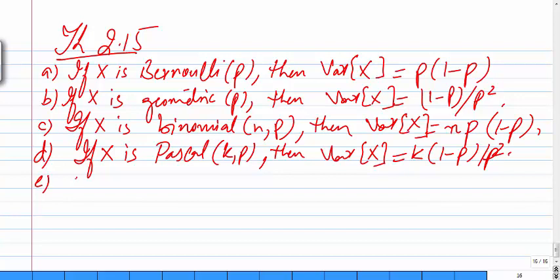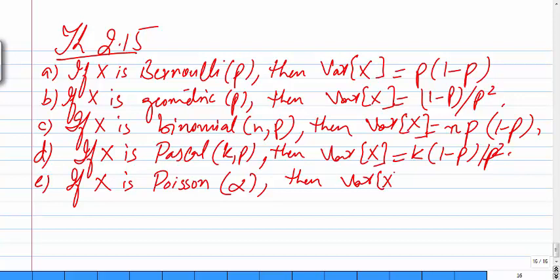Now the e is, if x is Poisson, so in Poisson we have alpha, then variance of x is equal to alpha.